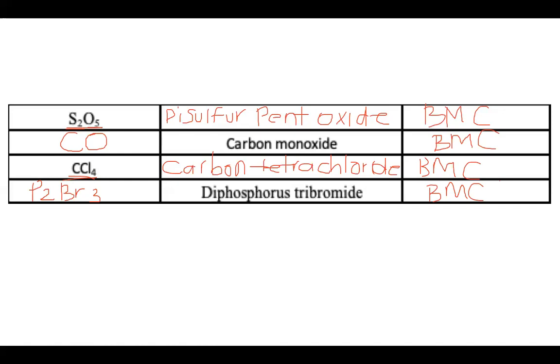And since we have two non-metals, both of the elements have negative charge, so we do not have to care about crossing charges or having the sum of the charges equal to 0, because since we have two negative elements, there's no way that the sum gives us 0, okay? So we just write, as it appears, the number of atoms, okay? I hope that you understand how to name binary molecular compounds.